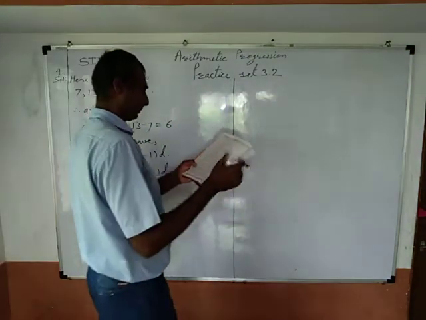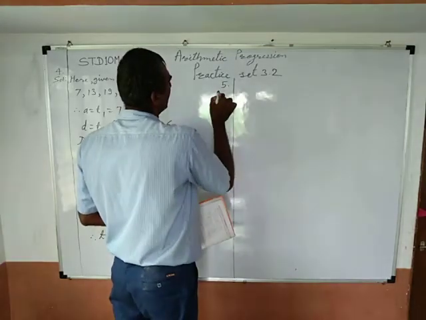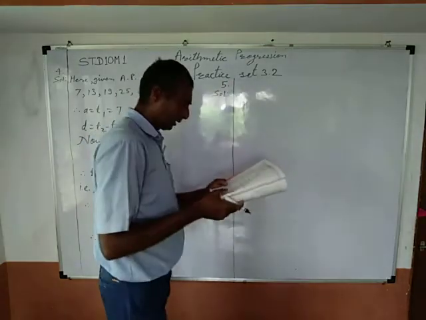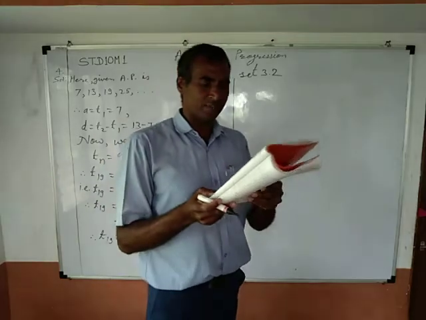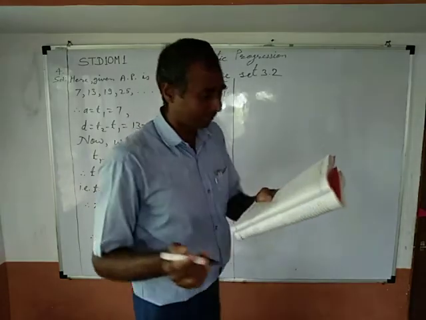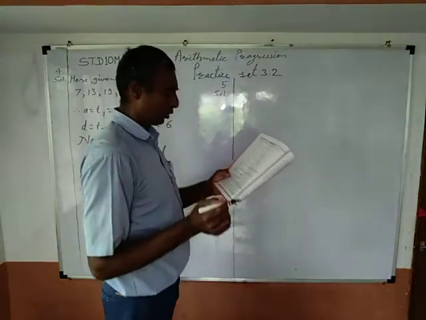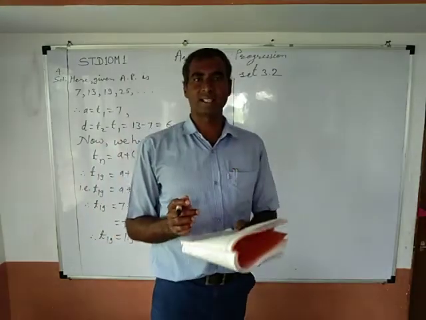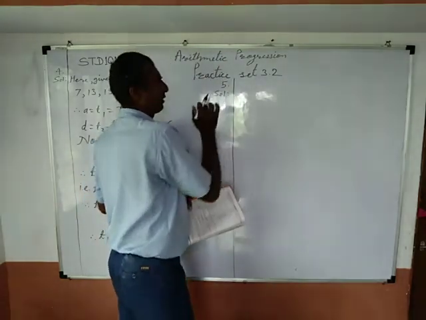Question 5. Solution. Find the 27th term of the following AP 9, 4, minus 1, minus 6, minus 11. Therefore question 5 solution.